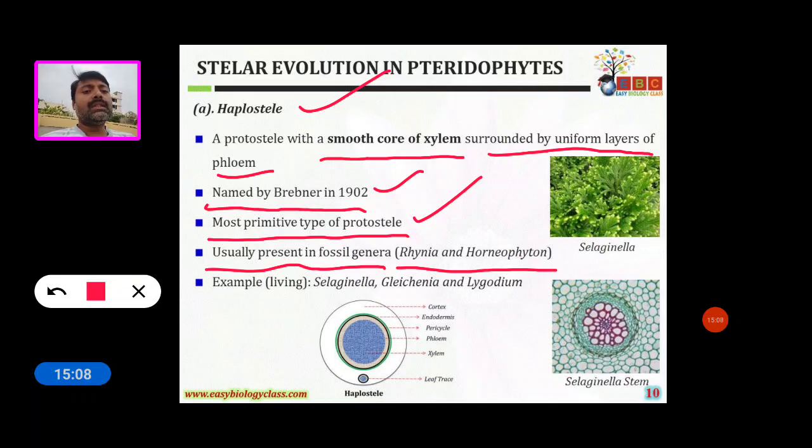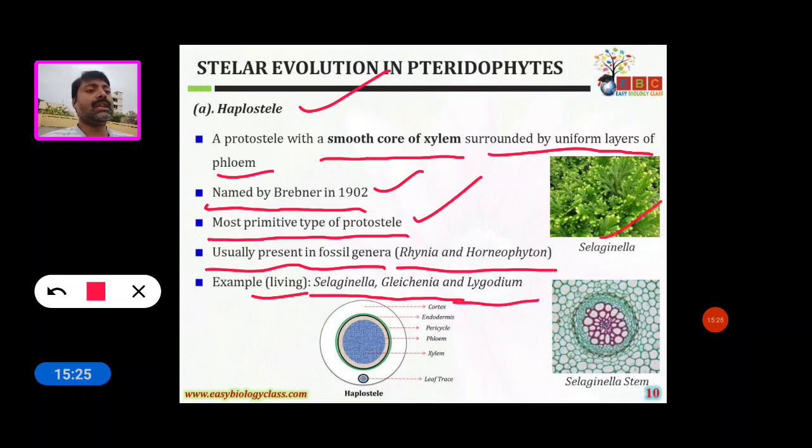We can also see this type of stele in living pteridophytes like Selaginella, Gleichenia and Lygodium.